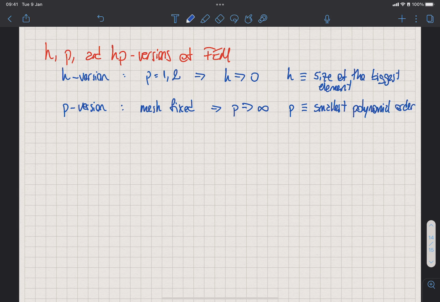Now I'm just going to give you a couple of examples which are in line with what you have to do for a project.